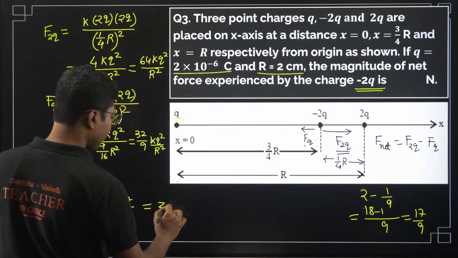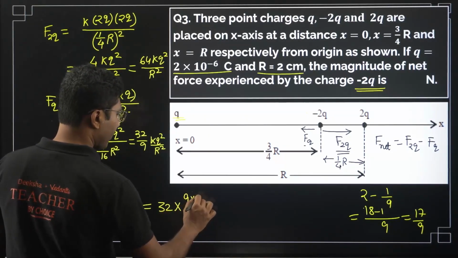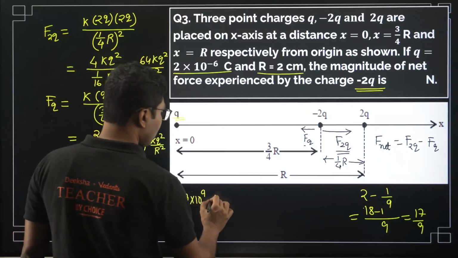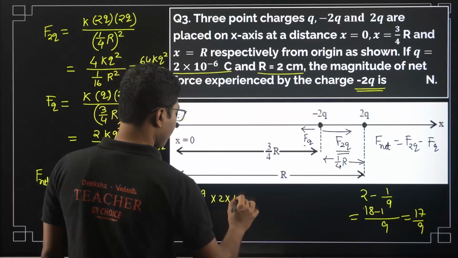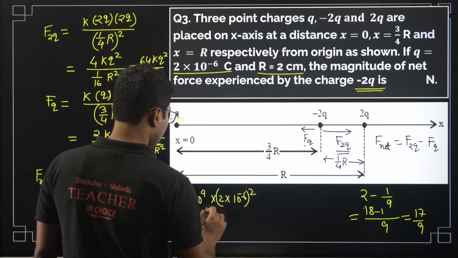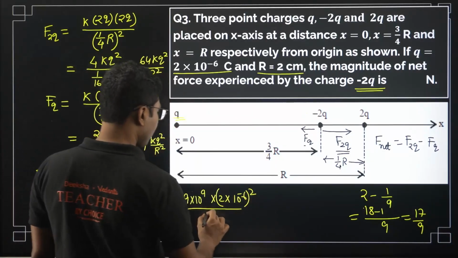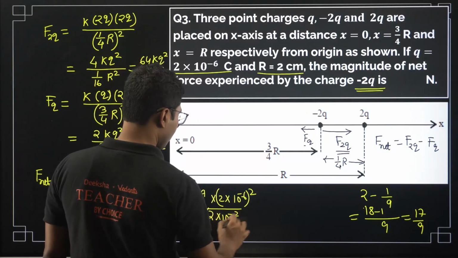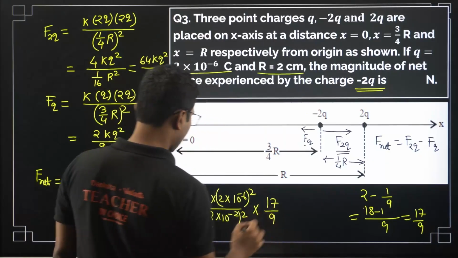So 32 into k value is 9 into 10 to the power of 9. Q value is 2 into 10 to the power of minus 6 whole square, divided by r value is 2 centimeter, that is 2 into 10 to the power of minus 2 whole square, into 17 by 9.